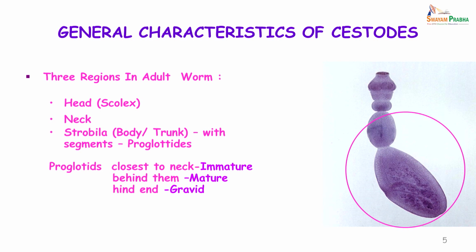The ones which are closest to the neck are referred to as immature segments because they do not have a mature reproductive system. The mature proglottids are situated just behind this, and these have a mature reproductive system, and still further down are the gravid segments which will contain the ova or eggs of the worm.